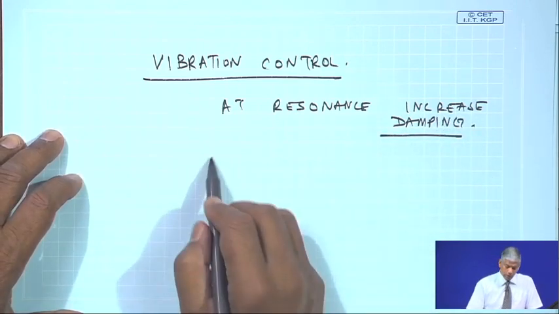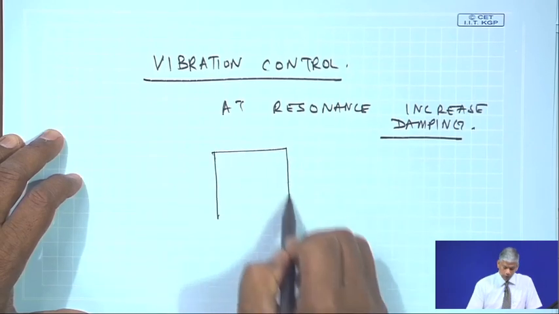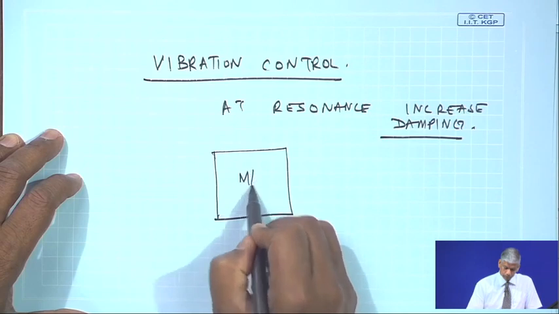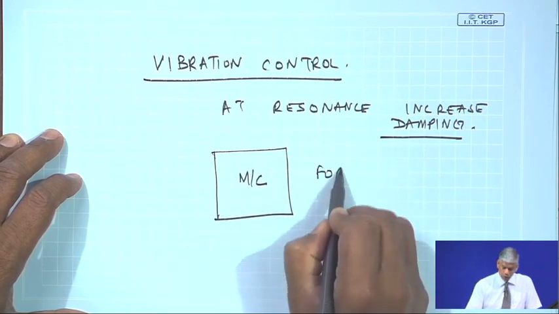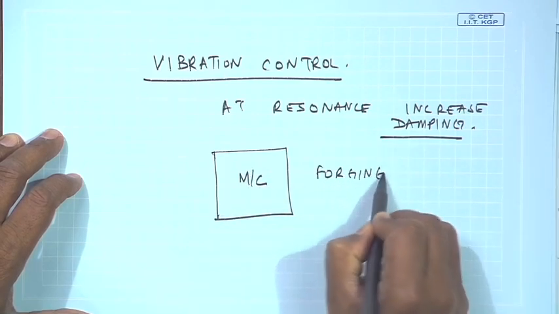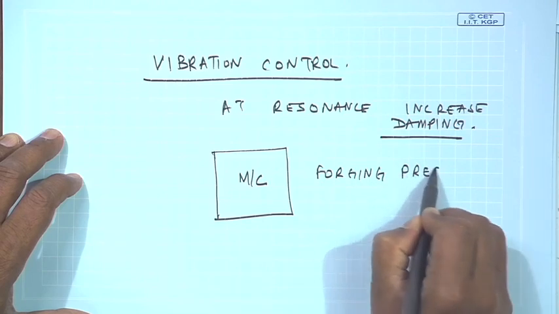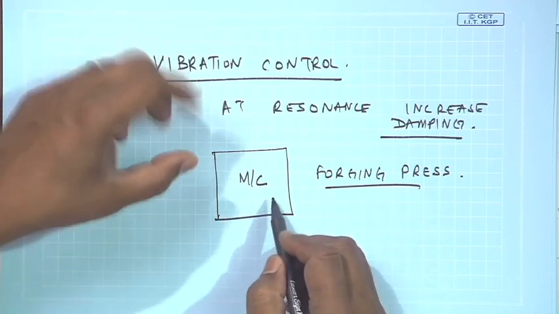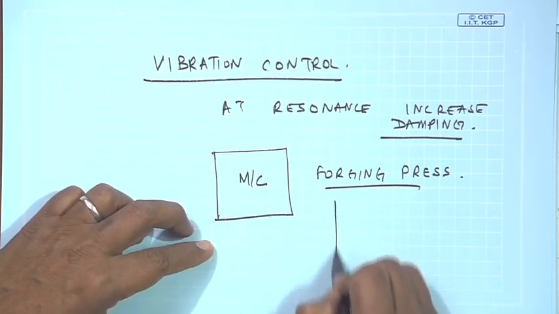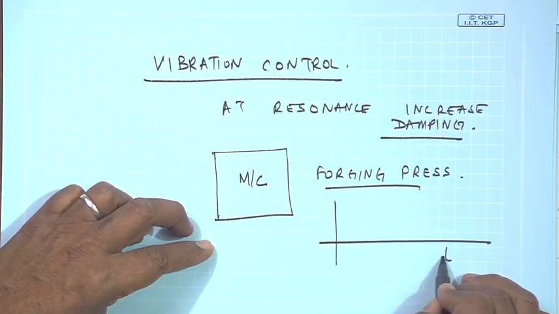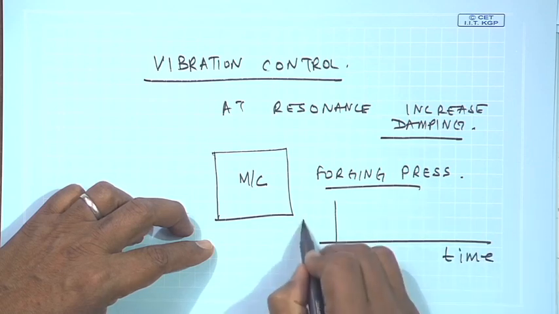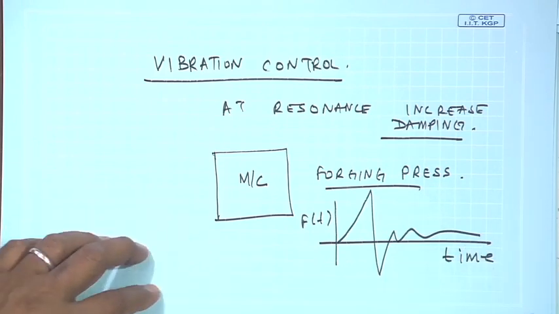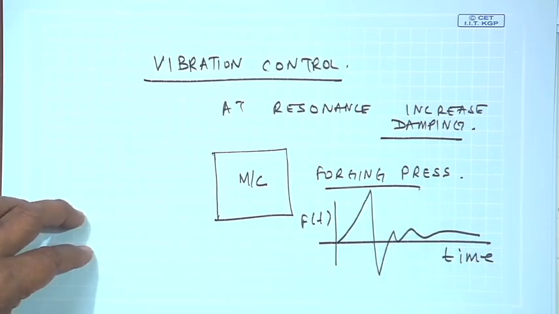But we will see in many cases, what if there is a machine like a forging press or a hammer. So, each time the forging press comes down, it gives an impact force like this.